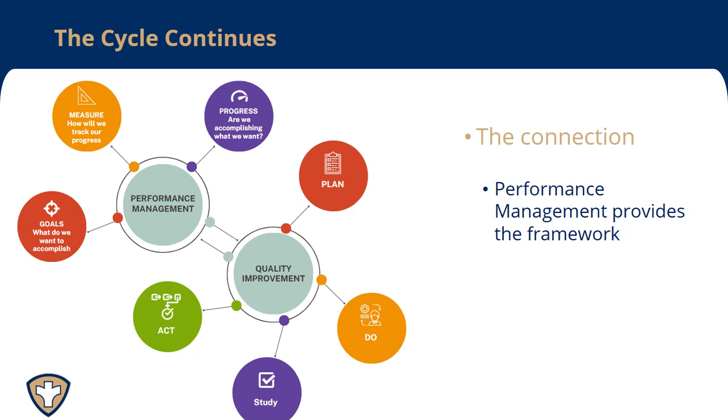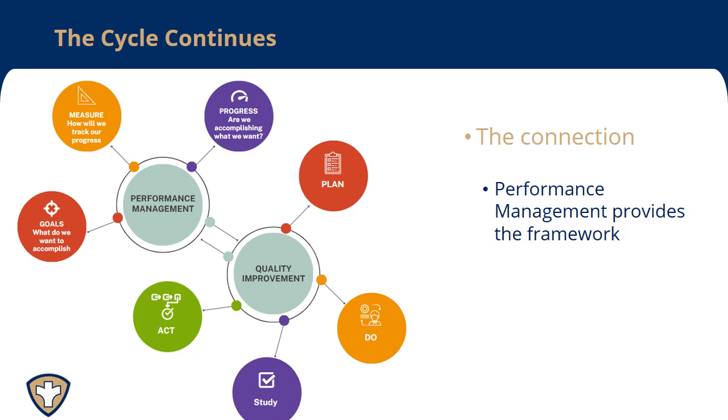Performance management provides a structured framework to identify areas for improvement, and this is done by using data, while quality improvement or continuous quality improvement leverages that data and can implement change. This can always enhance processes or improve processes, and ultimately this leads to better performance within an organization.